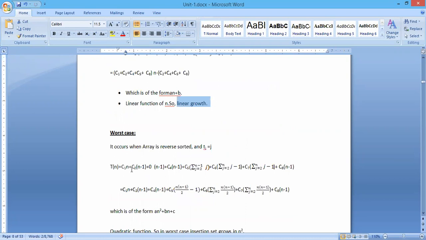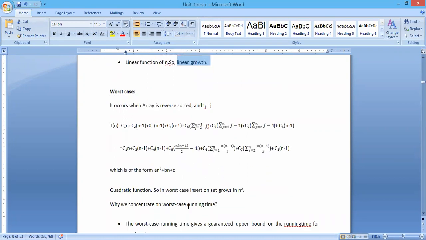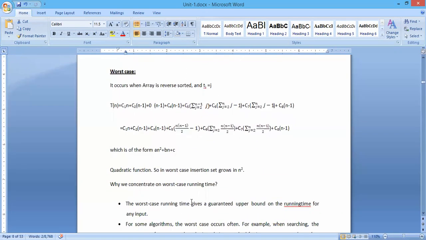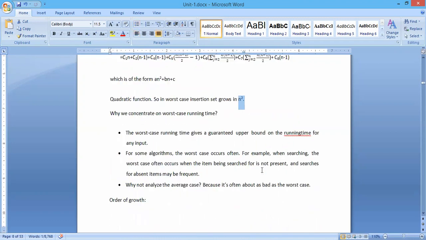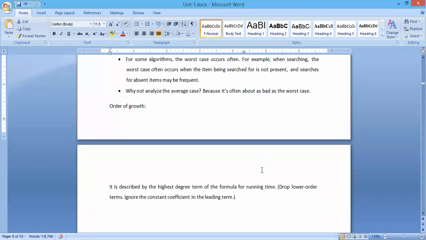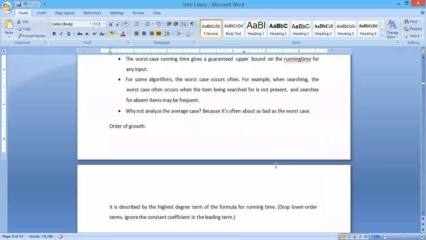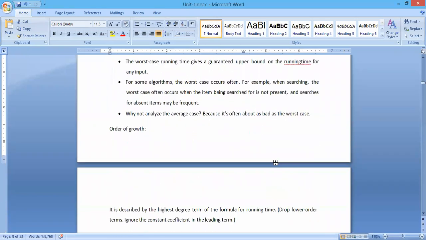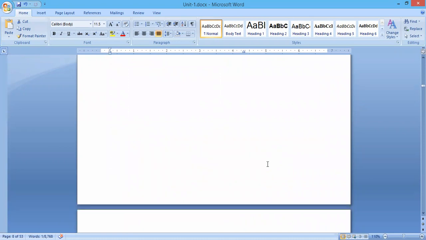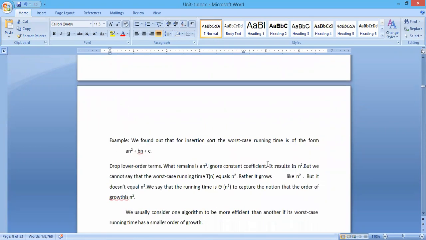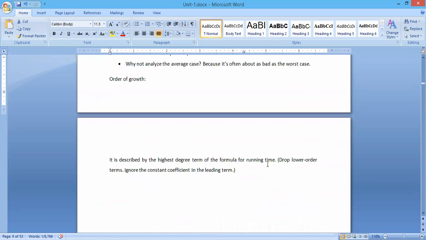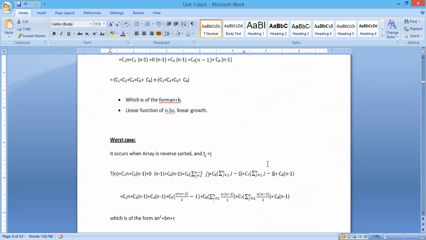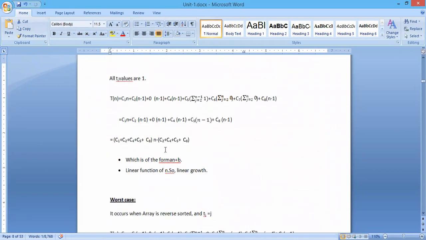And the worst case becomes when the growth becomes n square. Right? We are going to discuss properly all the things in further examples, how we are able to create. So this case is clear to everyone till now, linear growth.